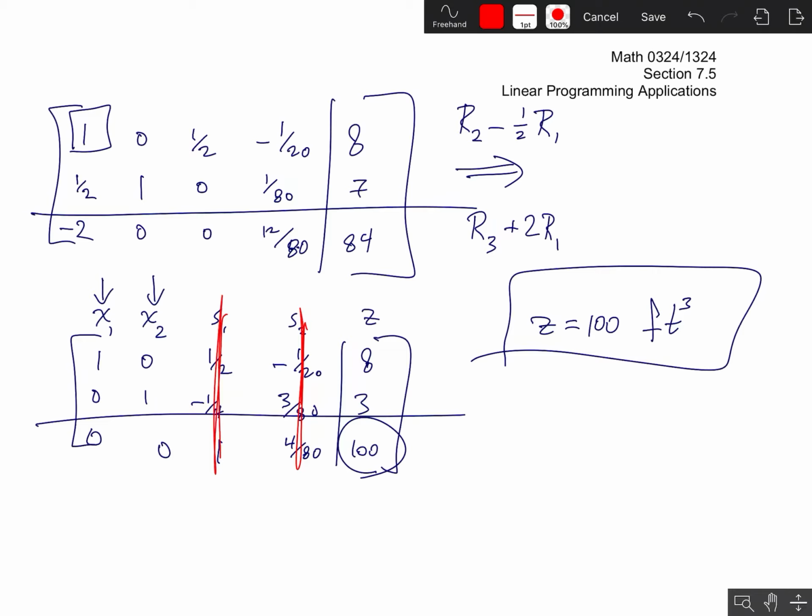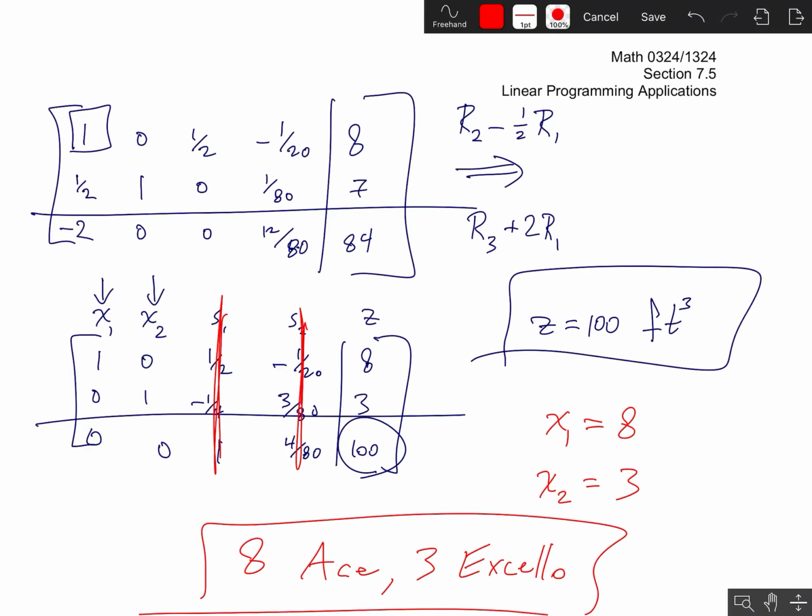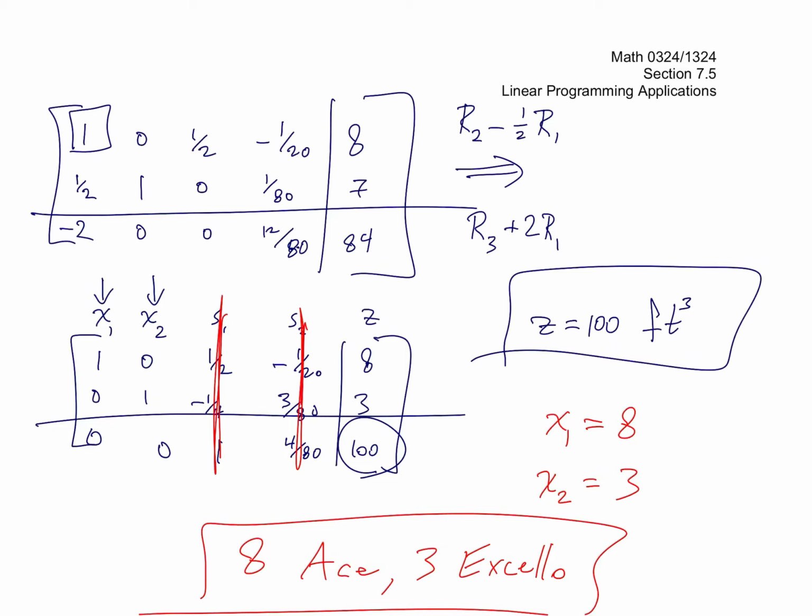And then you translate the remaining equations here. So if I translate the top line, it would say x1 is equal to 8. If I translate the second row into an equation, then it would be x2 is equal to 3. And this tells me the number of each cabinet that I should get. So I should get 8 ACE cabinets and 3 Excello cabinets. And that will give me the most storage space given the constraints on the budget and the square footage that we have for storing these.